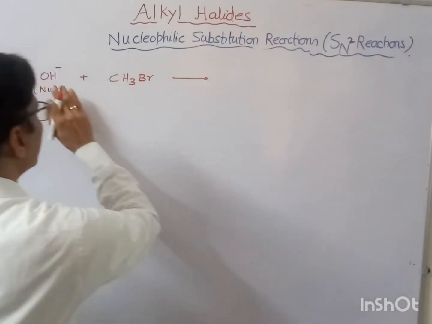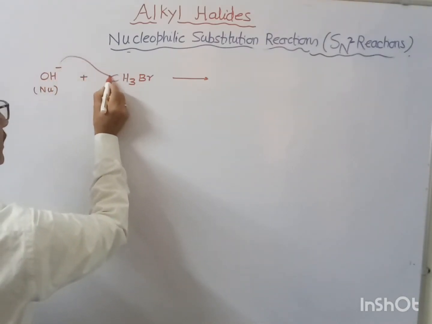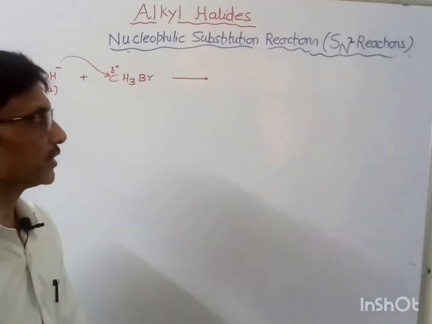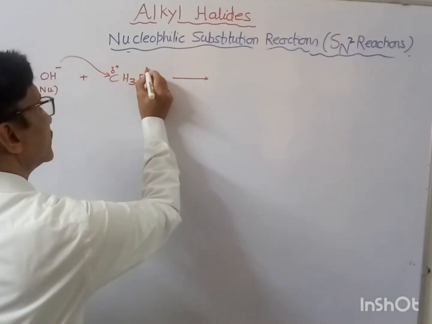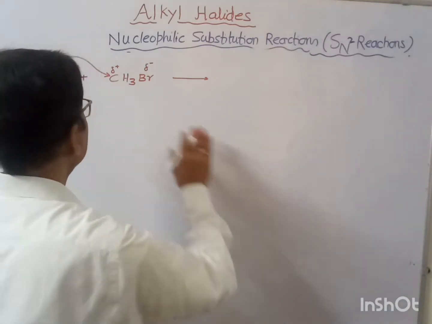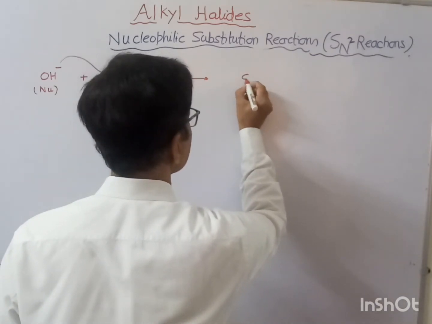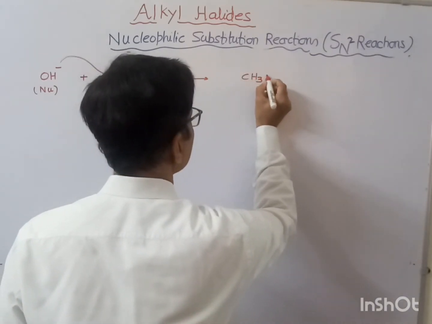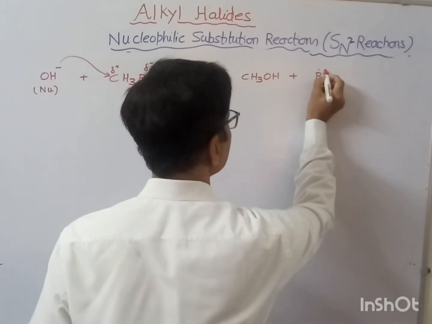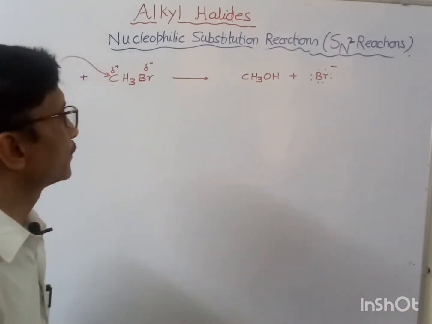This nucleophile will attack the electrophilic center, the carbon having the partial positive charge, with the bromine having the partial negative charge, and it will form the nucleophilic substitution product, methyl alcohol, plus the bromide ion, which will leave.